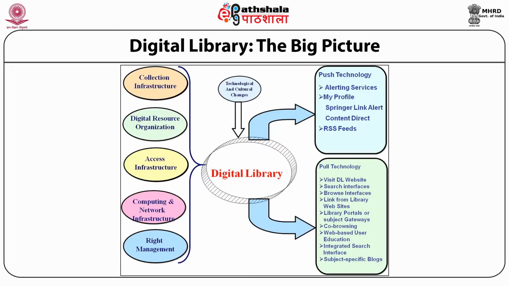Instead, digital libraries are collections of disparate systems with resources connected through a network. Components required for a digital library can broadly be divided into the following five categories as shown in the picture in the slide. Collection infrastructure.